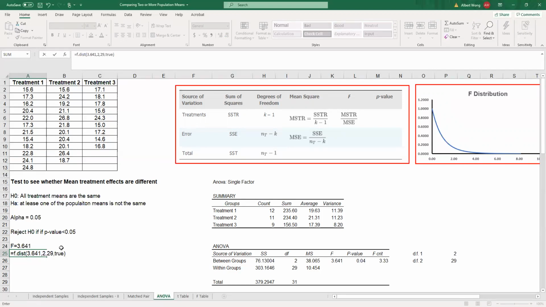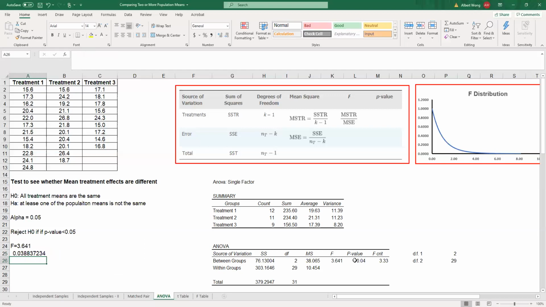Now, if you do that, what happens is that F is equal to 3.641, and you have to worry about this area, right? So you're going to have to do 1 minus.